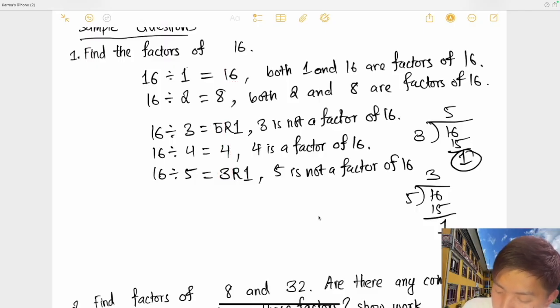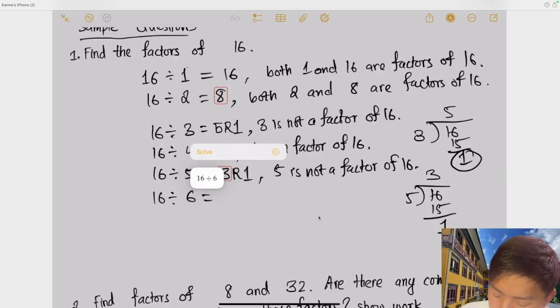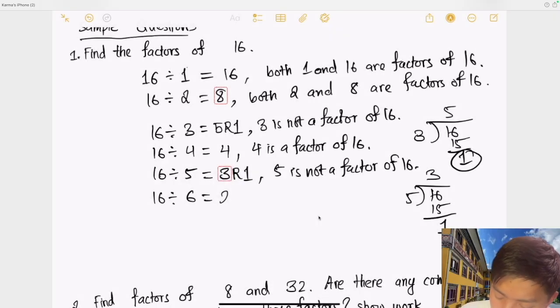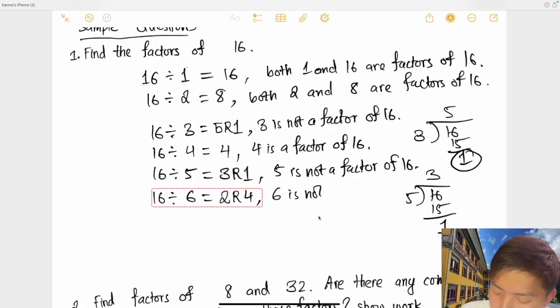As you go on, the next number is 6, and you'll find that 16 divided by 6 is 2 remainder 4, and since there's a remainder, 6 is not a factor.